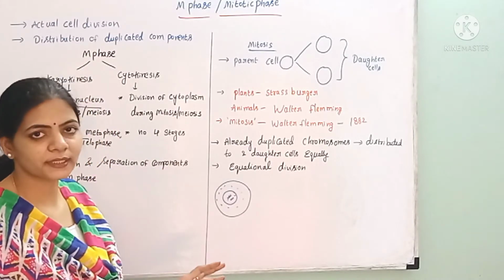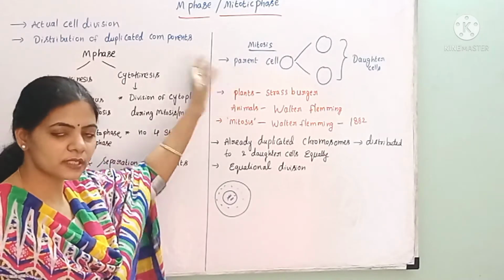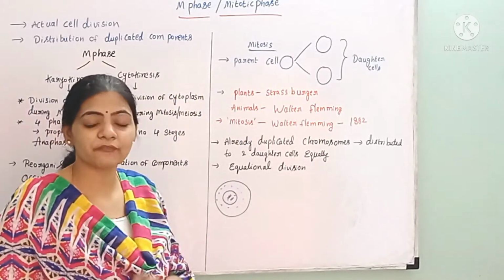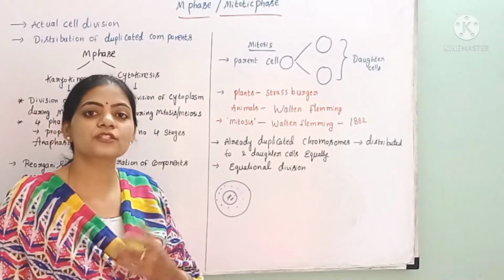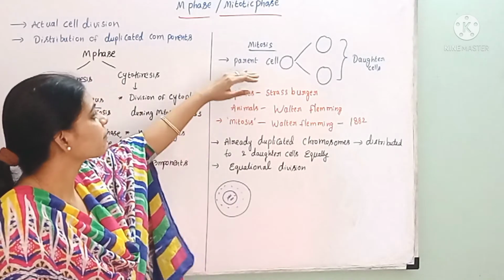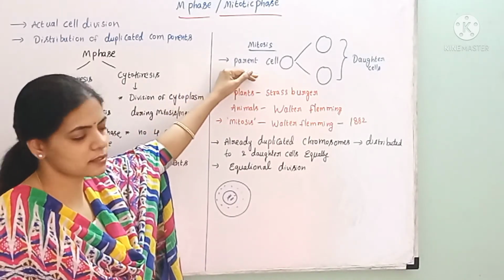Here, depending upon the type of the cells, we have two cell divisions. One is mitosis and the second one is meiosis. Mitosis occurs in the somatic cells or body cells, whereas meiosis occurs in the gonads or sex cells.